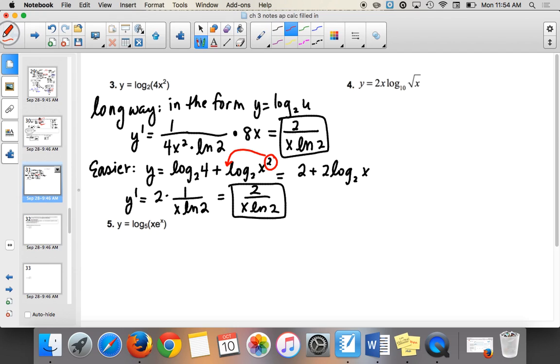One thing that I would do is see that you can pull the 2 up as a power. Does that make it a little bit easier? So then you could rewrite it. You could say, oh, this is the same as x times log base 10 of the square root of x squared, which becomes x. So you could do it that way. And then you'd have the product rule still, but we're going to have a product of x times log base 10 of x, like that.